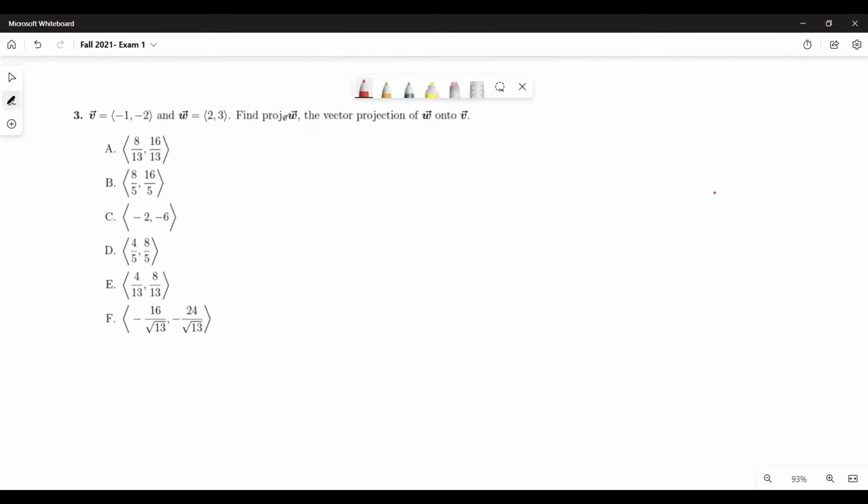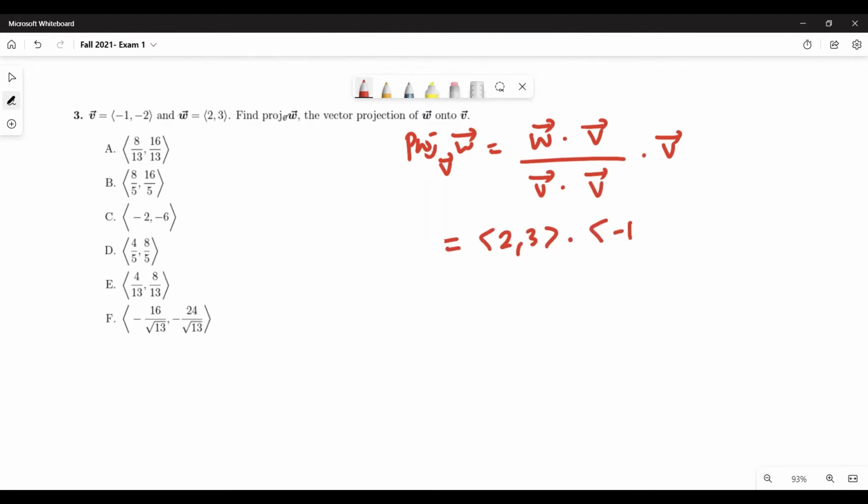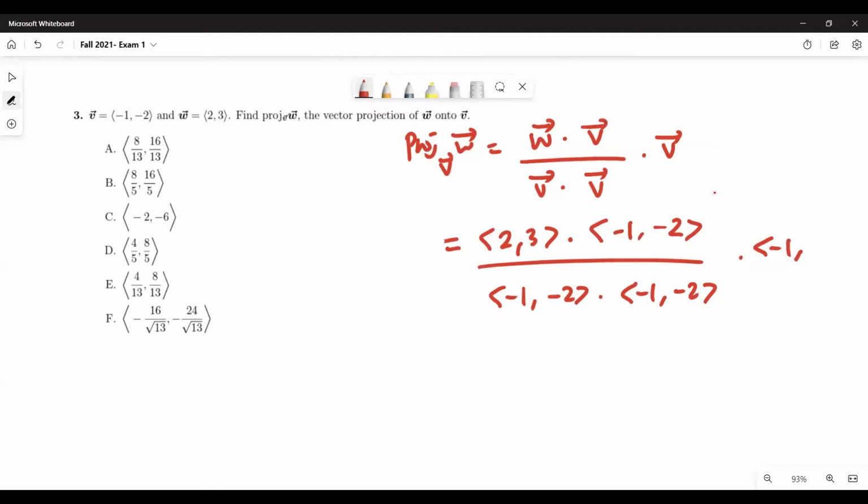The question asks: B equals (-1, -2) and W equals (2, 3). Find the projection of W onto B. In order to find the projection of W onto B, this will be written as (W · B)/(B · B) times B. Let's write (2, 3) · (-1, -2) over (-1, -2) · (-1, -2).